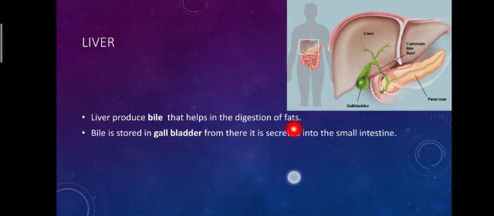But as it moves to the small intestine, this bile turns that acidic chyme into alkaline chyme so that the other enzymes can work upon the undigested food. Okay, so in our next video we'll be talking about the small intestine.